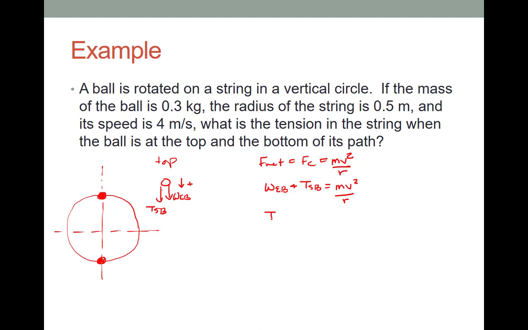I can now solve for the tension, which equals the centripetal force, the net force, mv squared over r, minus the force due to gravity, which is mg, which will equal 0.3 kilograms times 4 meters per second squared divided by 0.5 meters minus 0.3 kilograms times 9.8 meters per second squared.